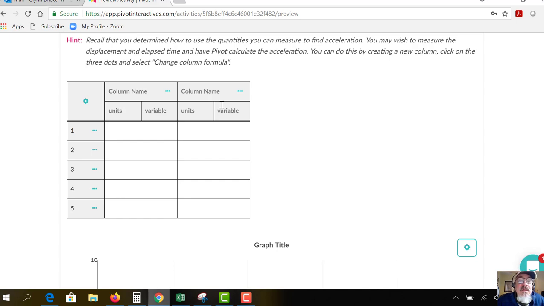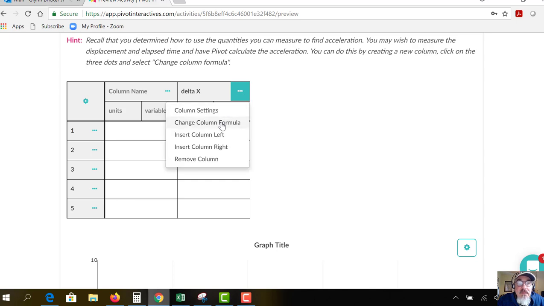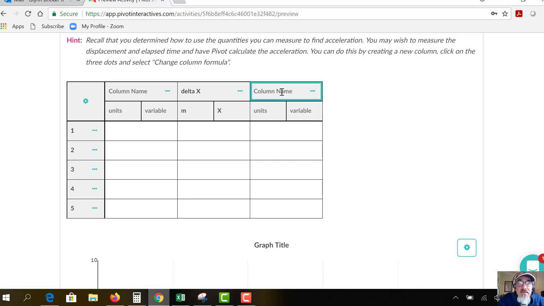So you'll have to have a column for force, and then I would do something like column name delta x, units, maybe you want to convert it to meters or centimeters, however you want to do it, and I'll call this x. Let me insert a column to the right, and then time, units seconds, variable t.